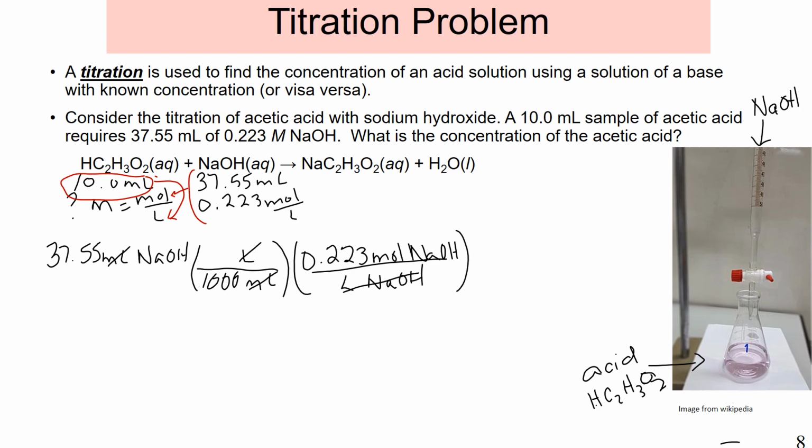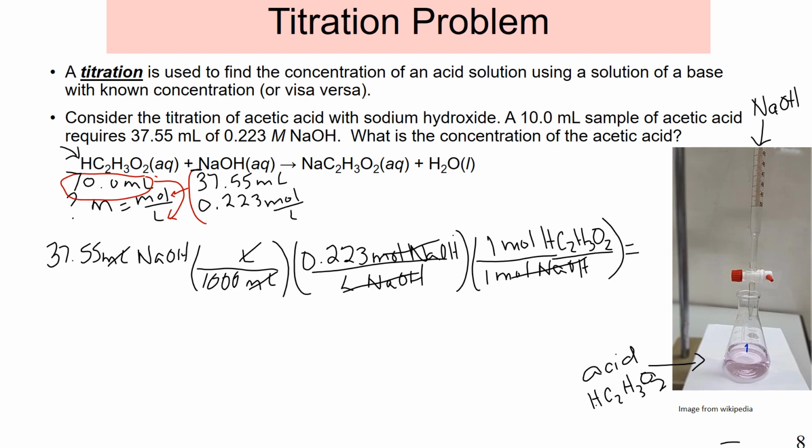And now I have the moles of NaOH. What I need is the moles of acid. And in this particular reaction, it's a 1-to-1 ratio. So if I had a different mole ratio, I'd need that. But in this case, I'm going to put 1 mole NaOH on the bottom per 1 mole of HC2H3O2 on the top. Okay, and then the moles of NaOH cancel, and that gives me moles of acid.